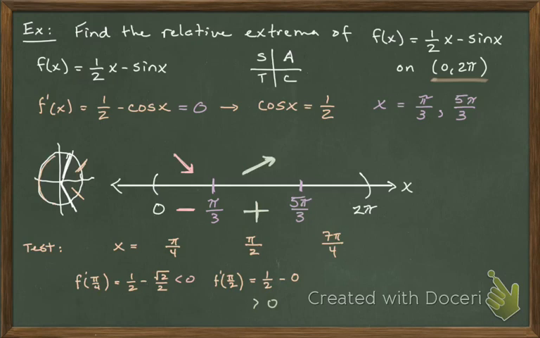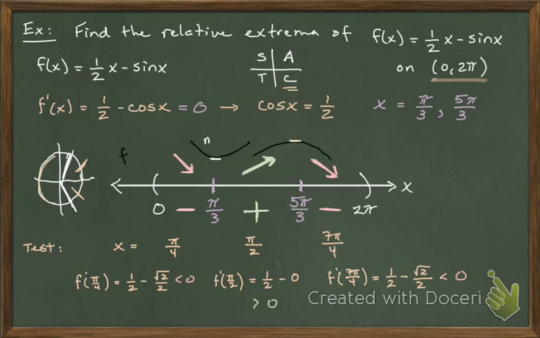Lastly, plug in 7 pi over 4 into my derivative. 7 pi over 4 is in the fourth quadrant. Cosine of a pi over 4 angle in the fourth quadrant is positive. So I get another radical 2 over 2, which means I've got a negative derivative. Negative slope means my function is decreasing.